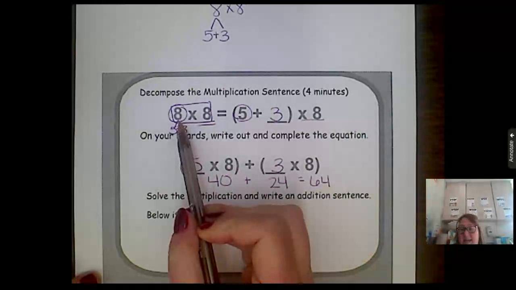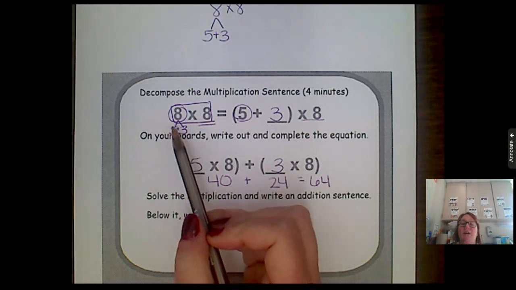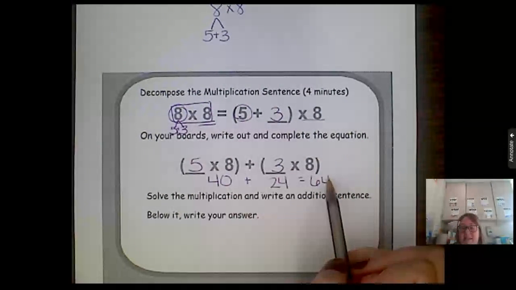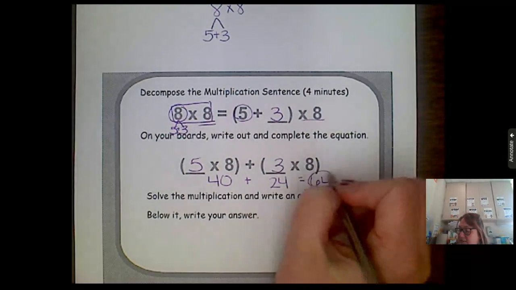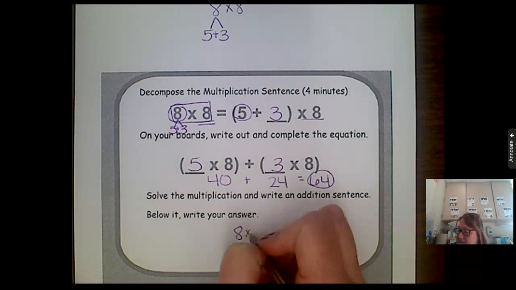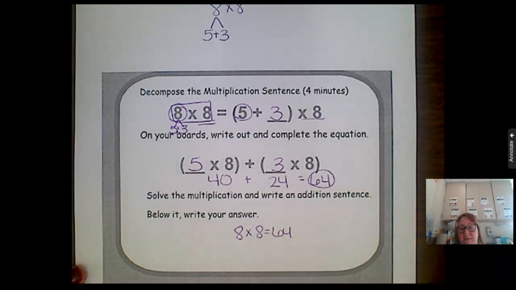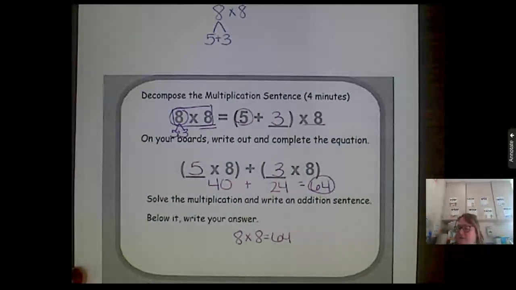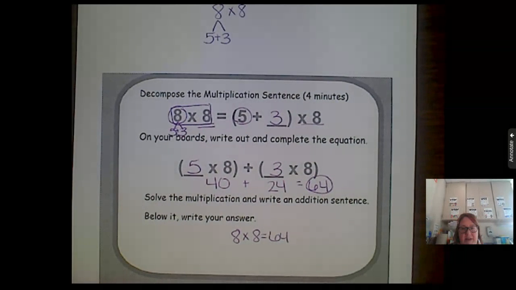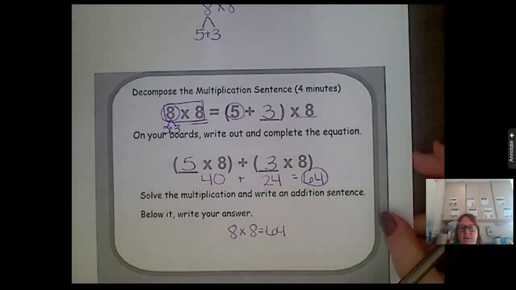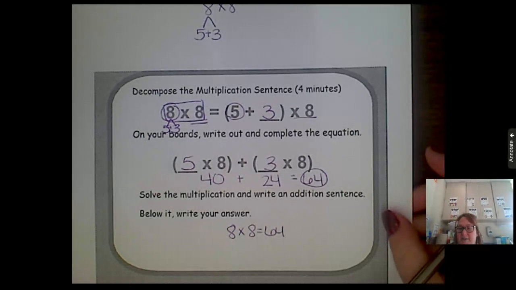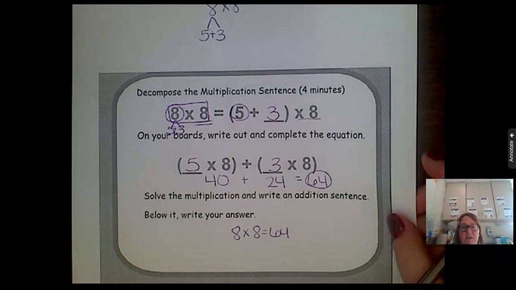I ate and I ate and I got sick on the floor. 8 times 8 is 64. Good. So 8 times 8 equals 64. All right. So I just wanted to do just a touch of review with that again. We'll look at that from time to time to see if that's coming into a little bit more focus for us. Okay.